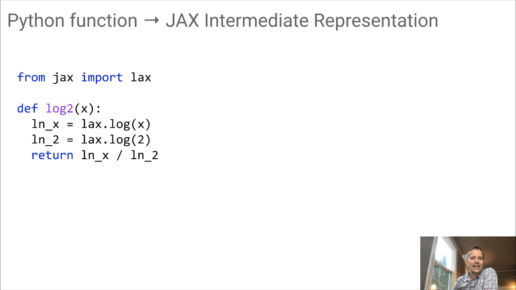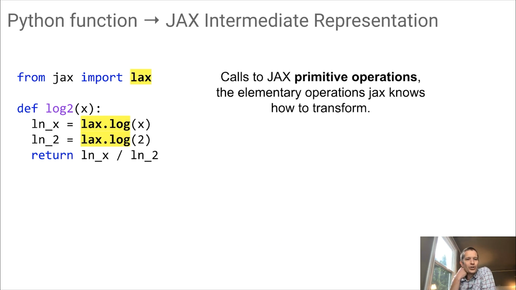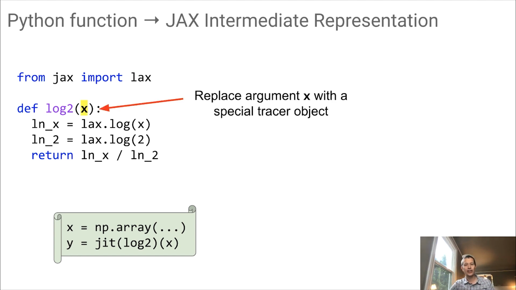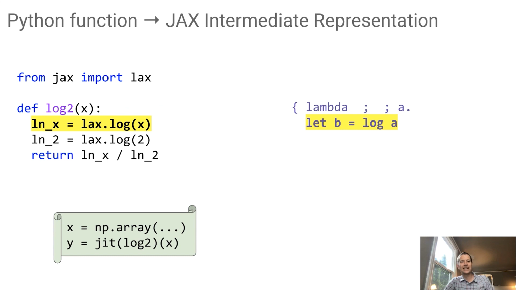So let's take an example. We have a function log2 that is built in terms of these lax primitives that JAX knows how to transform. We pass to it a tracer that represents an array. The first thing it does is compute the log of this tracer, and that tracer, instead of actually computing any value, just records that a logarithm was computed of that value.